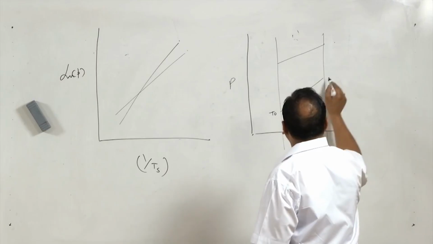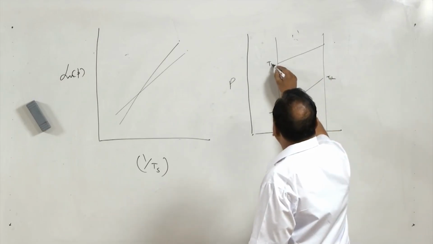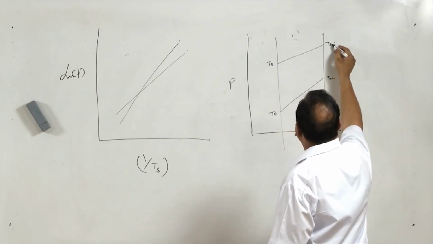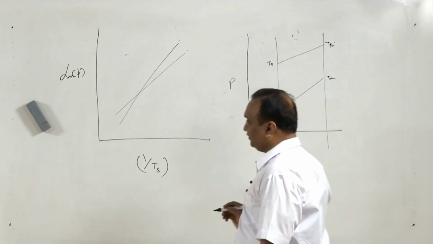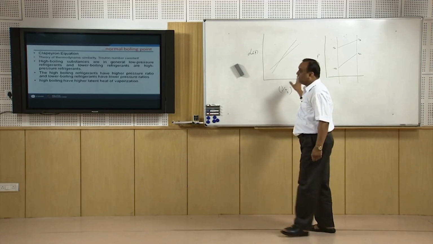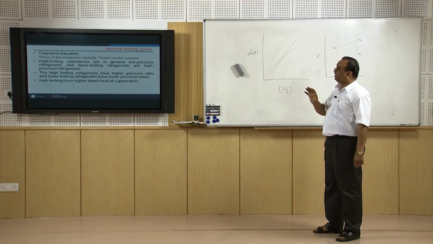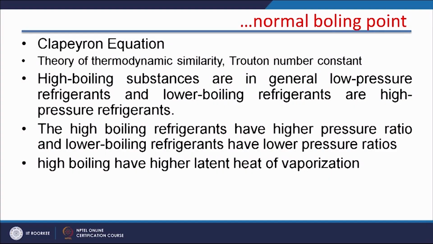This is TO and this is TK, the evaporator temperature and the high condenser temperature. Now, this information helps us in deciding which refrigerant we should go for attaining the refrigerating effect. The high boiling refrigerants have high pressure ratio because the slope of this curve is high, and low boiling point refrigerants have low pressure ratio.